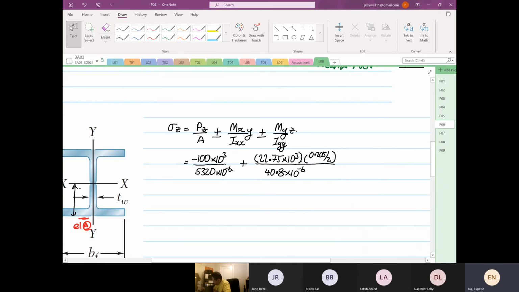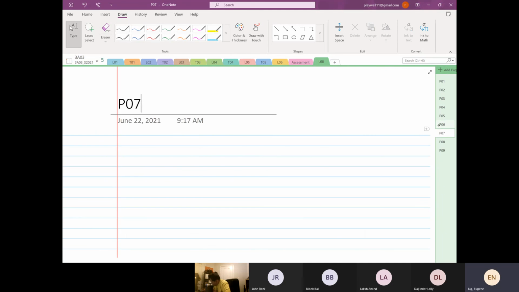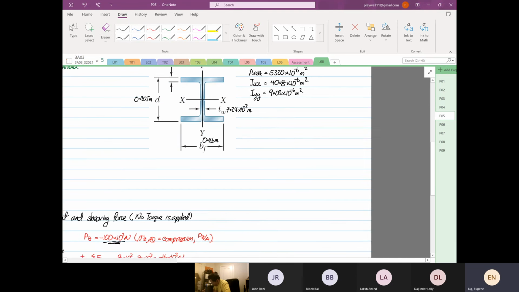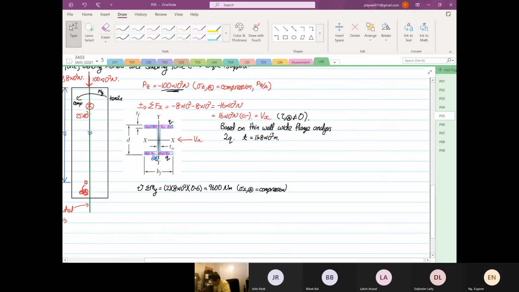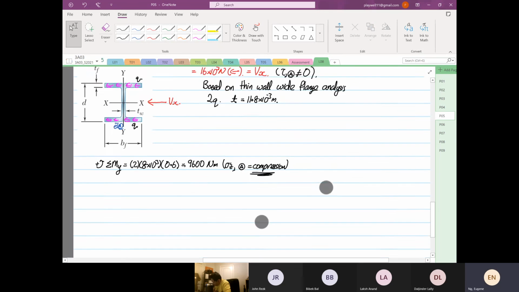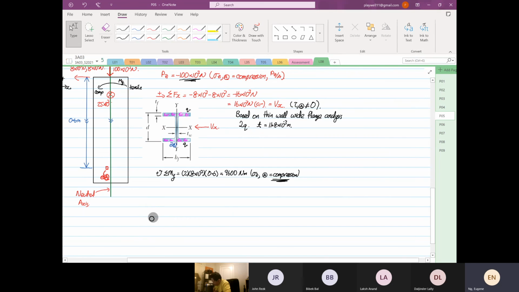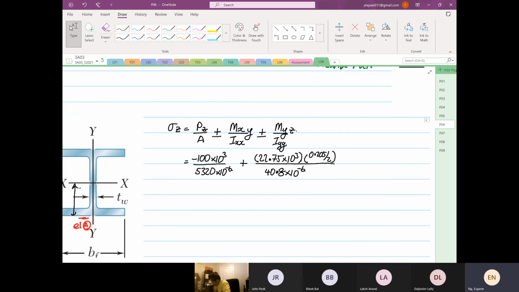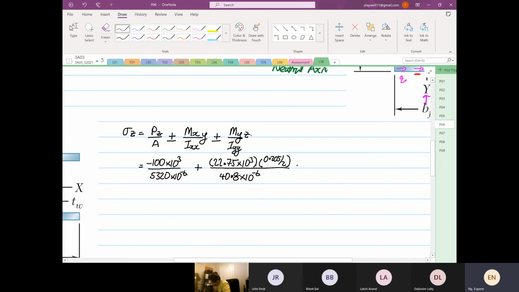Then we're going to look at My. We did analyze the My, right? My will be under compression. Sorry, this is stress Z, I do apologize. So My will be inducing a compression, so that's where you put a minus sign down here.